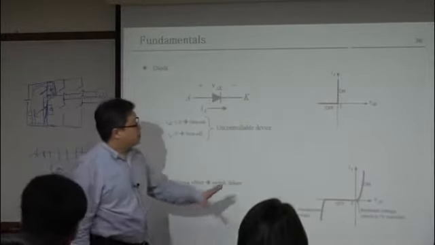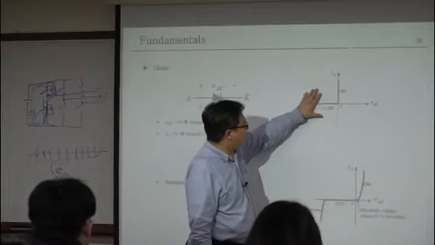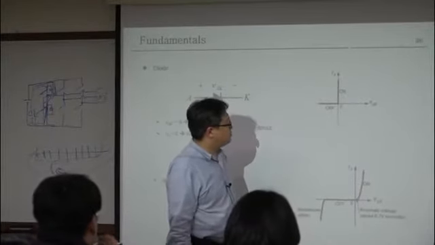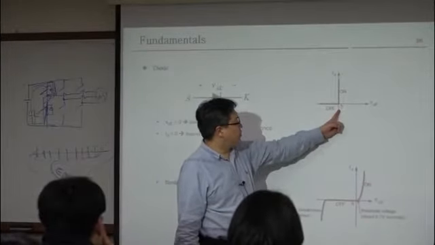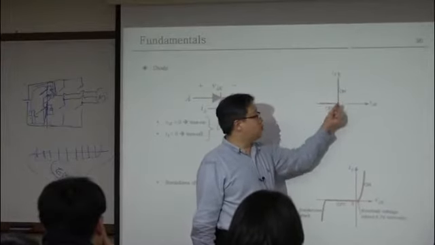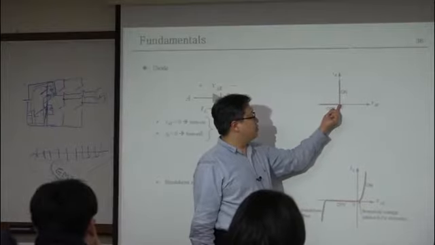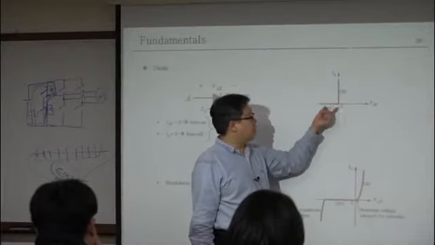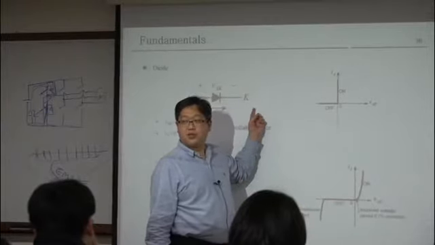So this is the typical ideal V-I characteristic of a diode. When you turn on, you can flow infinite current, and there is no voltage drop. When you turn off, you flow no current, and you can survive until infinite voltage.